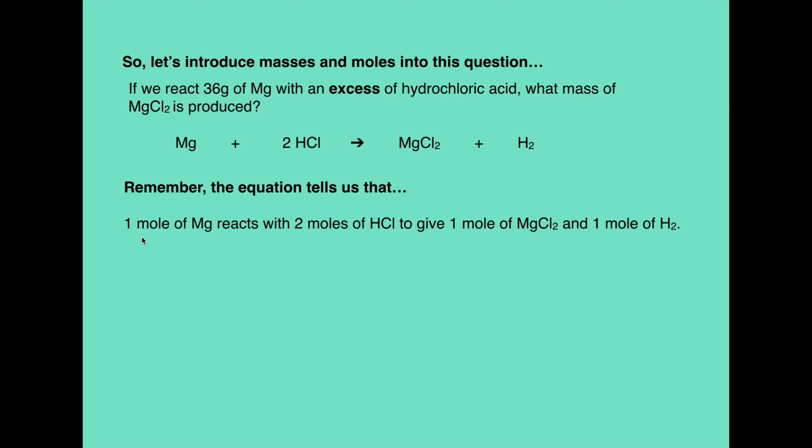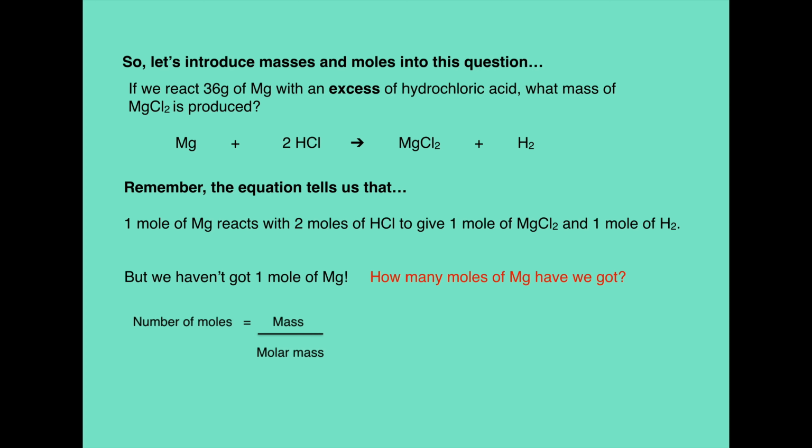The equation tells us that 1 mole of magnesium reacts with 2 moles of hydrochloric acid to produce 1 mole of magnesium chloride and 1 mole of hydrogen. Great. But in this case, we haven't got 1 mole of magnesium. We've got 36 grams of magnesium.